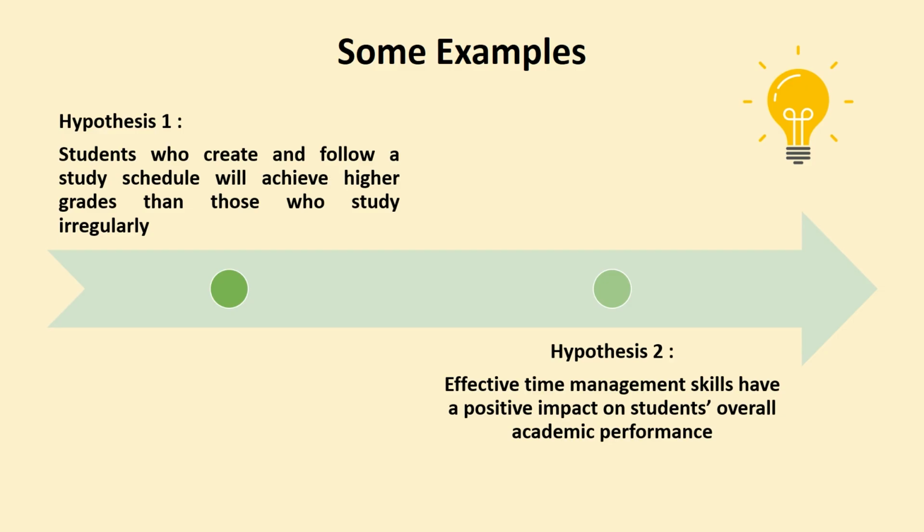Here, students with good time management skills have a positive impact on academic performance. This is a tentative assumption of the researcher, which will be tested further, and it is mentioned in the form of a hypothesis.